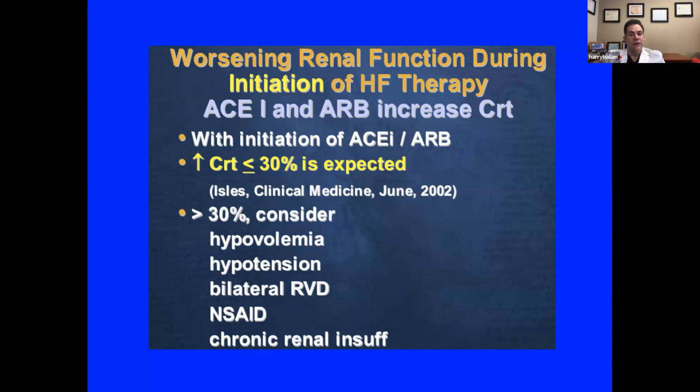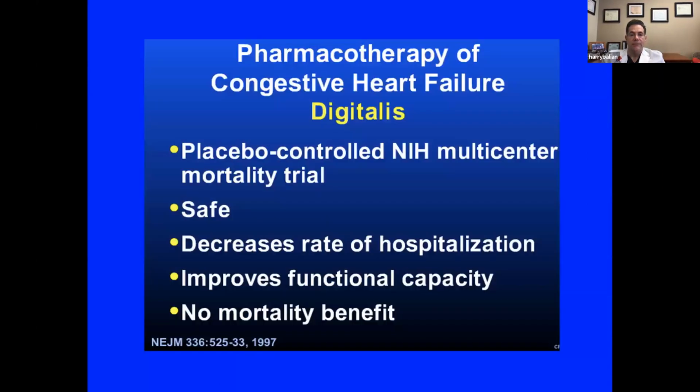So in lieu of the ACE or ARB in somebody with hyperkalemia, a combination of hydralazine and nitrates should be considered for afterload reduction. And that actually works equally well in somebody that needs afterload reduction for heart failure and is hyperkalemic and cannot tolerate the ACE or ARB, as I mentioned.